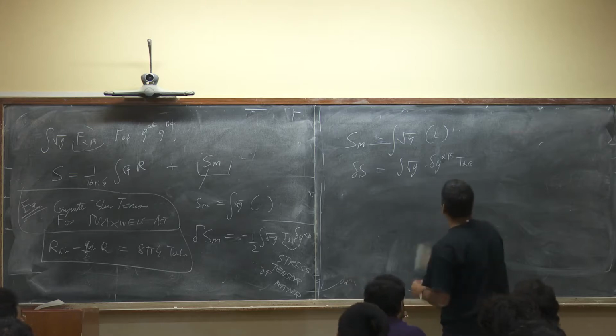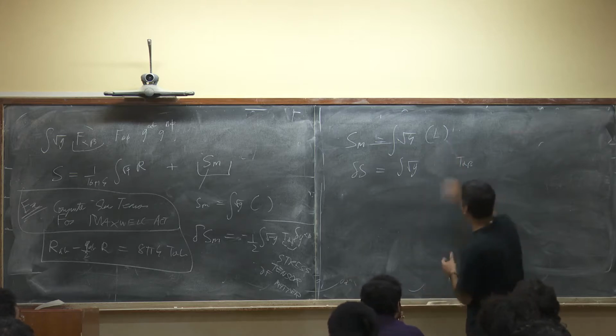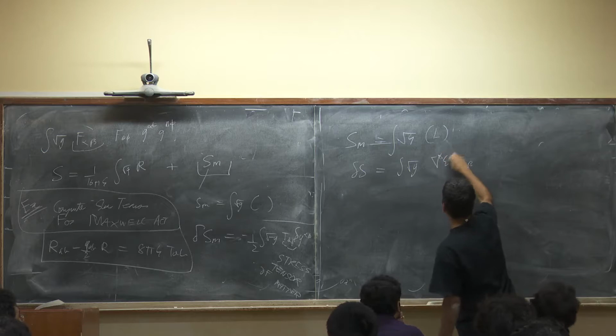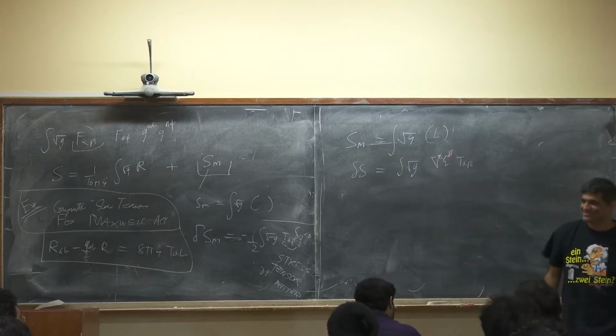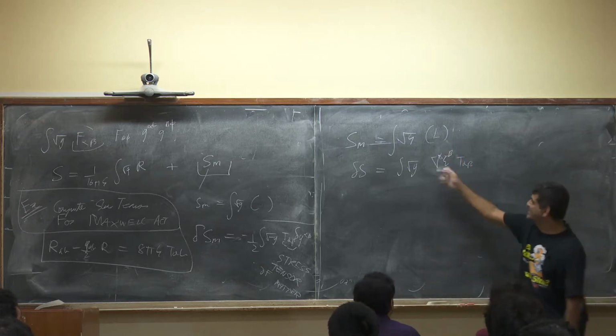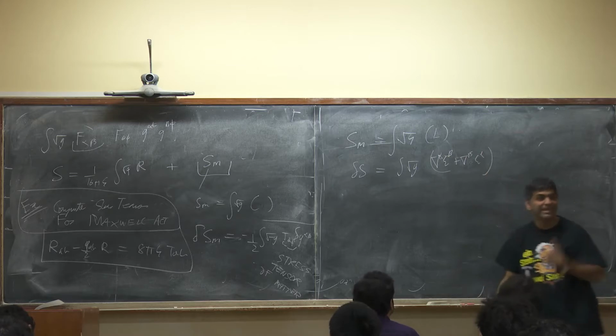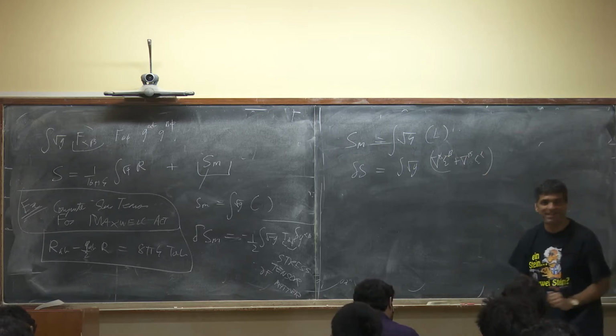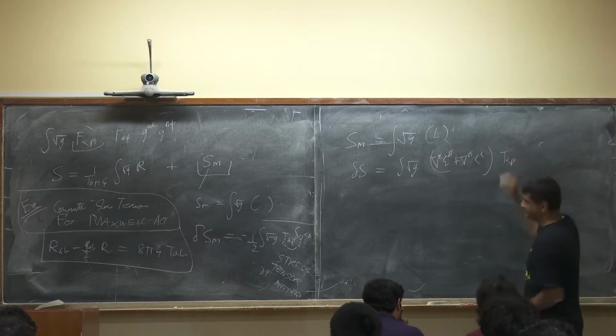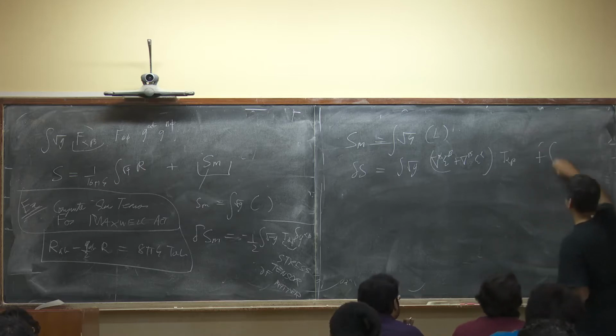But luckily, not completely lucky, there's some planning going on here. You have computed this. Okay, it's this symmetrized. Let zeta be the infinitesimal coordinate change vector. Then there was the other thing.